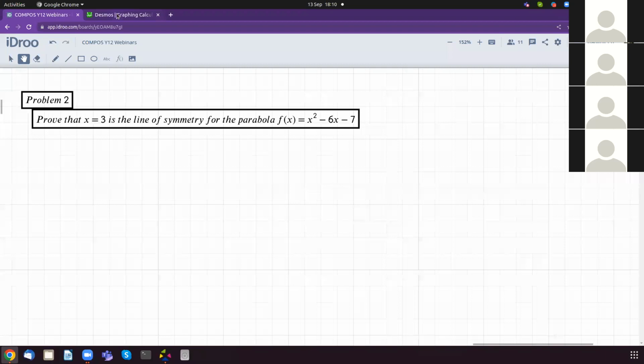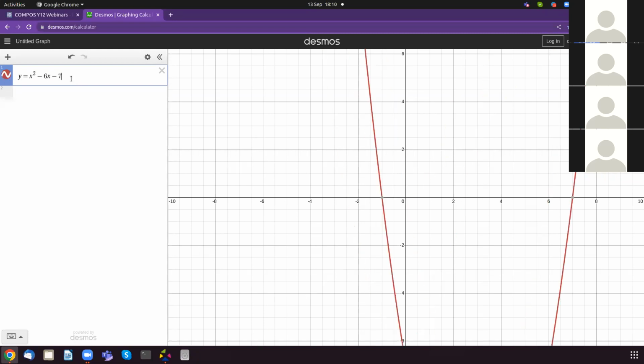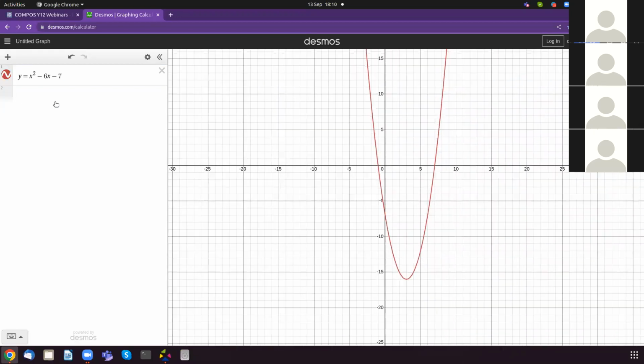So we have y is x squared minus 6x minus 7. So that's a parabola. Nice. And then we have x equals 3. And it does indeed look like x equals 3 is this line of symmetry.